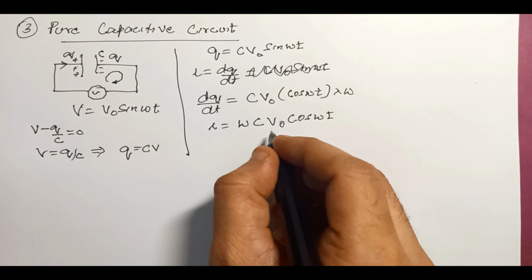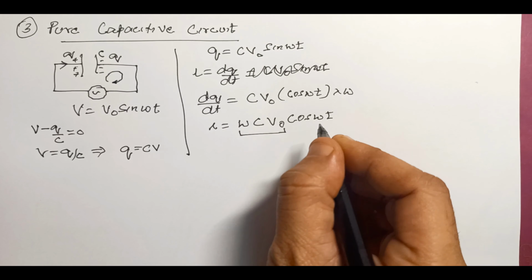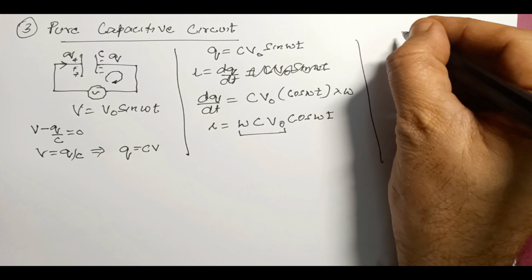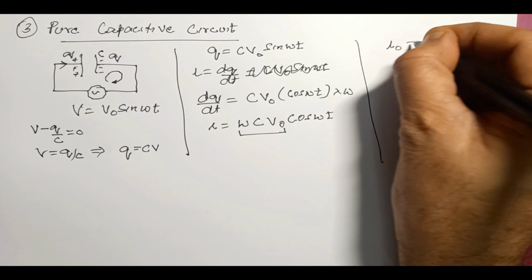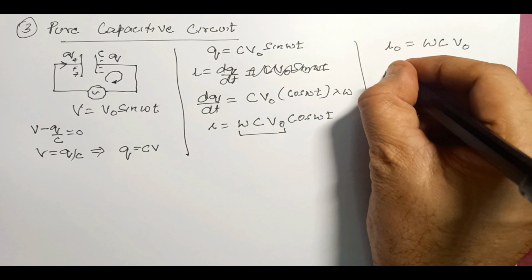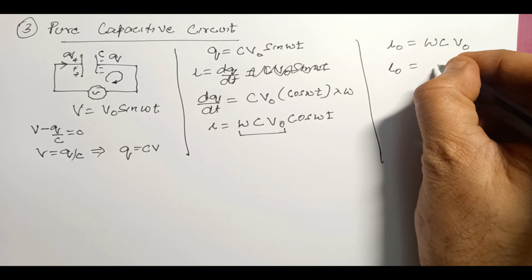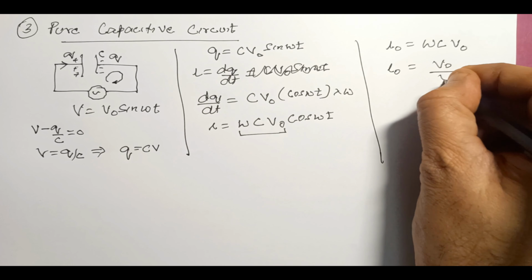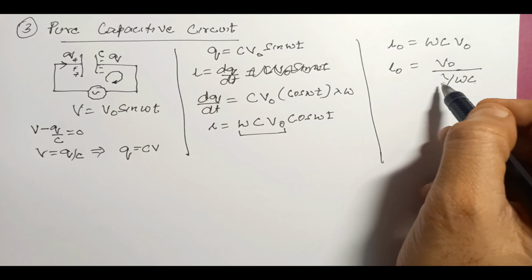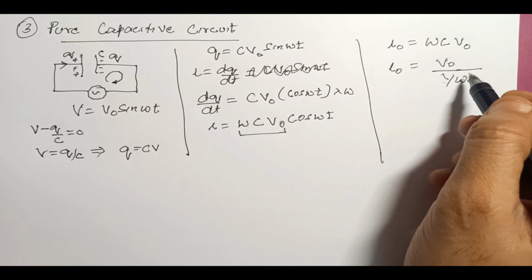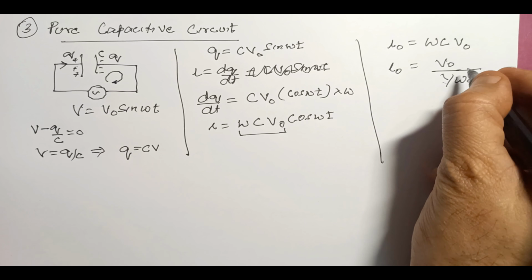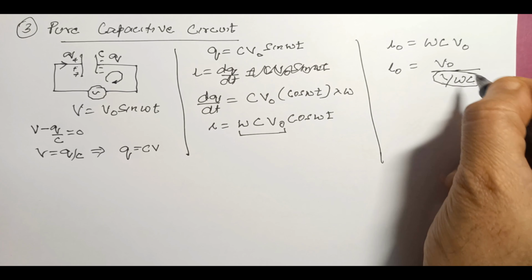Now see this, let's assume I naught is equal to omega C V naught. Or I can say I naught is equal to V naught times 1 by omega C, correct? And this looks similar to inductive reactance, and it looks very much like resistance.